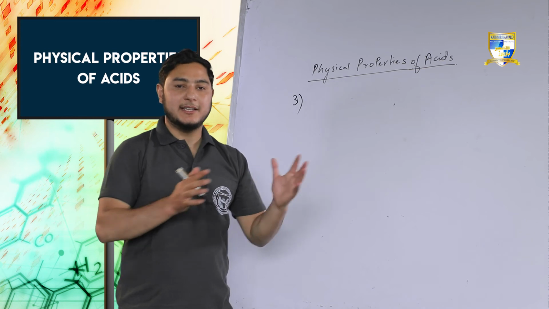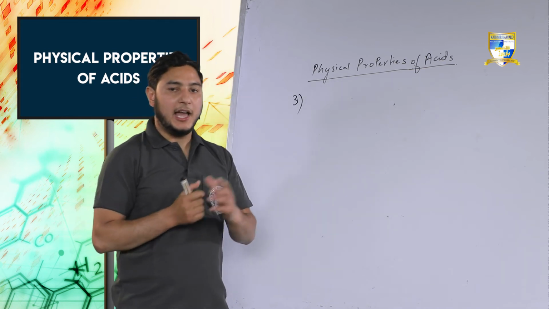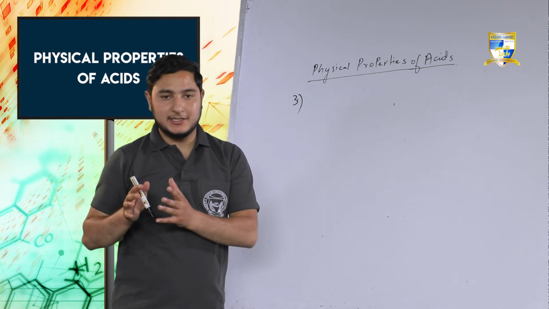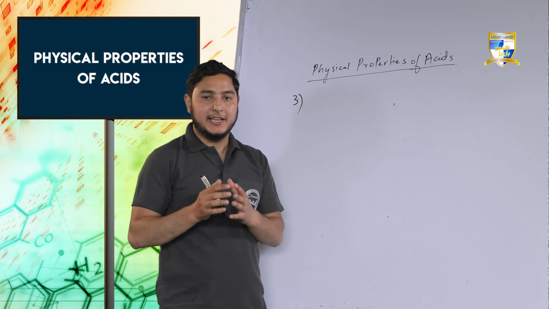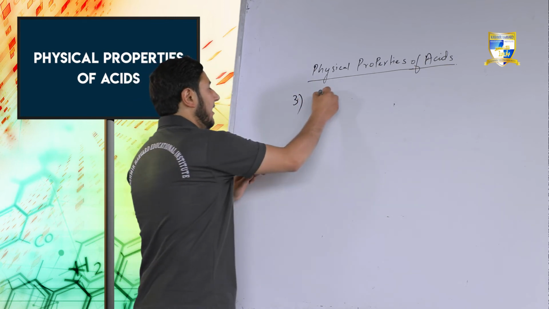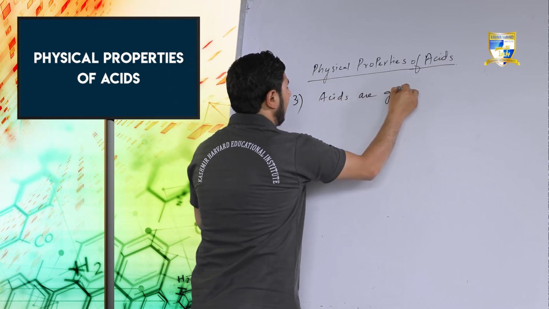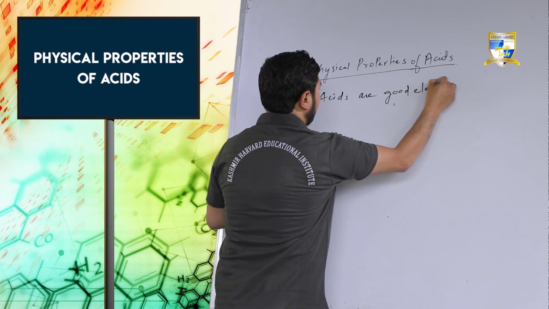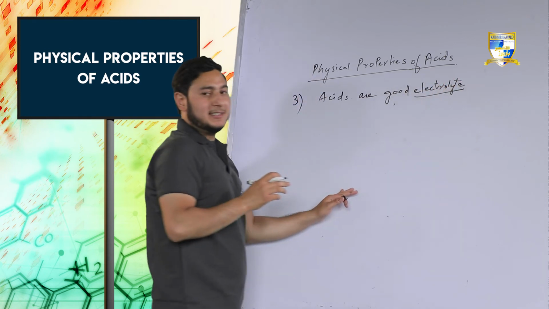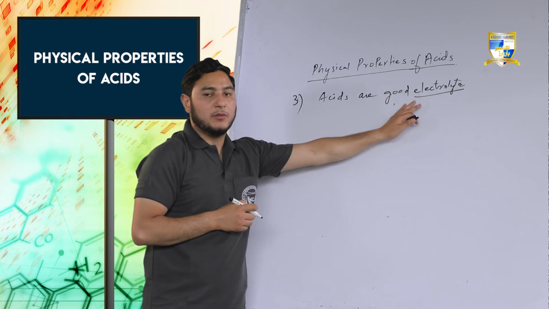Electrolytes are the substances that conduct electricity in aqueous or molten state. And here I am stating that acids are good electrolytes. By saying the term electrolyte, I mean the substances that conduct electricity in aqueous or molten state.